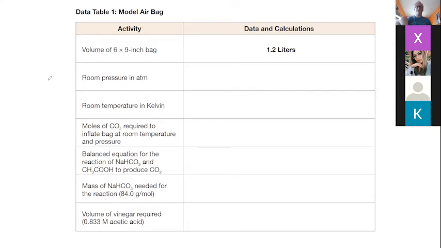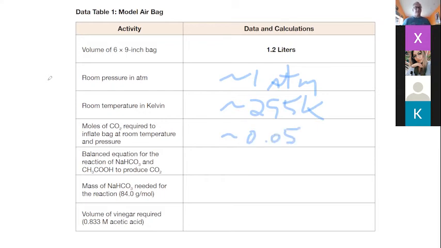Your room pressure is going to be around an atmosphere. The room temperature will be around 295 K, somewhere in that vicinity. So the number of moles would be around 0.05.